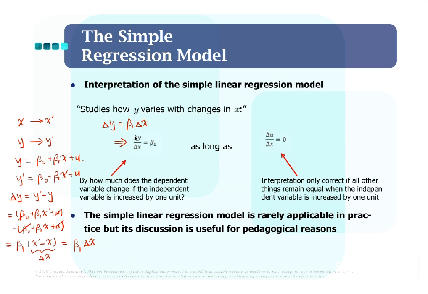So this beta 1 measures by how much the dependent variable changes if the independent variable is increased by 1 unit. So this is the interpretation of this beta 1 parameter or the slope parameter.